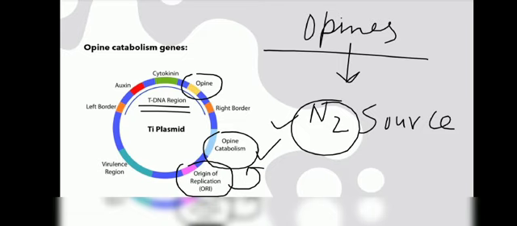These are excreted from the plant and taken up by the Agrobacterium tumefaciens bacteria, and the encoding region on the Ti plasmid is involved in this opine utilization. So this was all about the Ti plasmid.